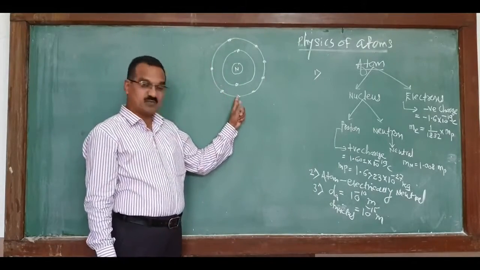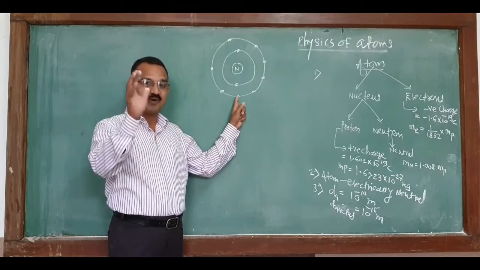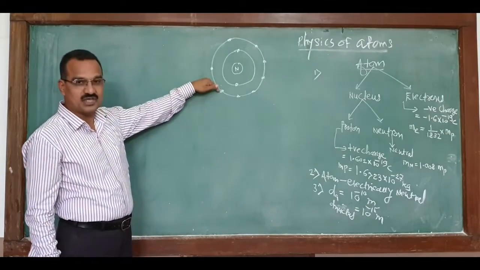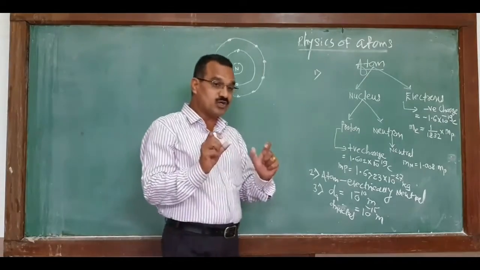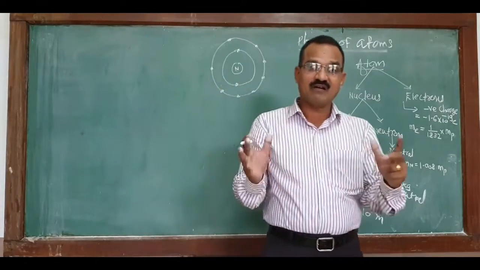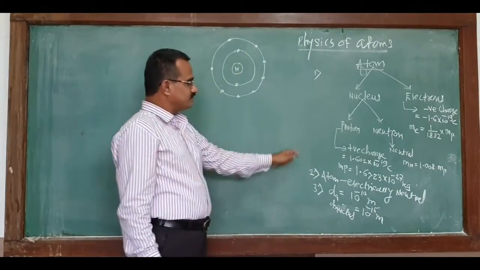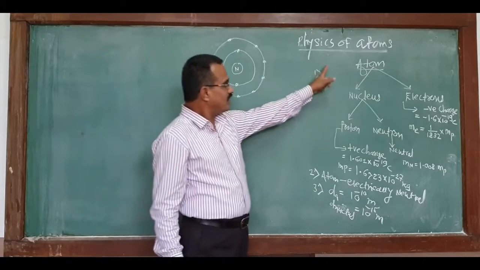Again, these electrons play a very important role in electrical and optical properties of the substance. In addition to this, these electrons play a very important role for chemical reactivity. This is about the atom.